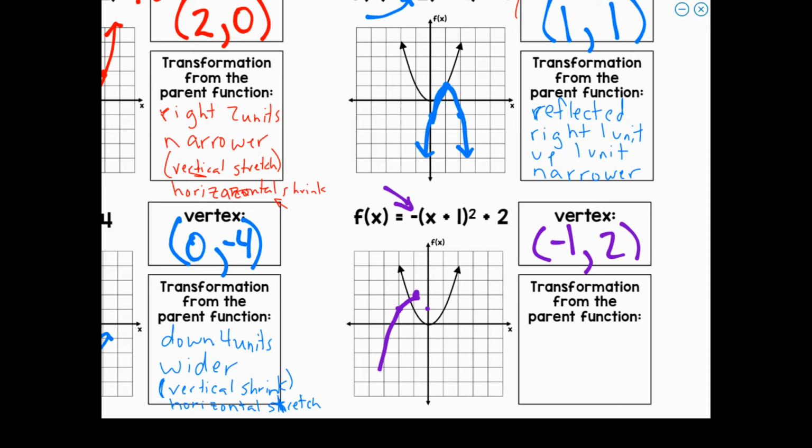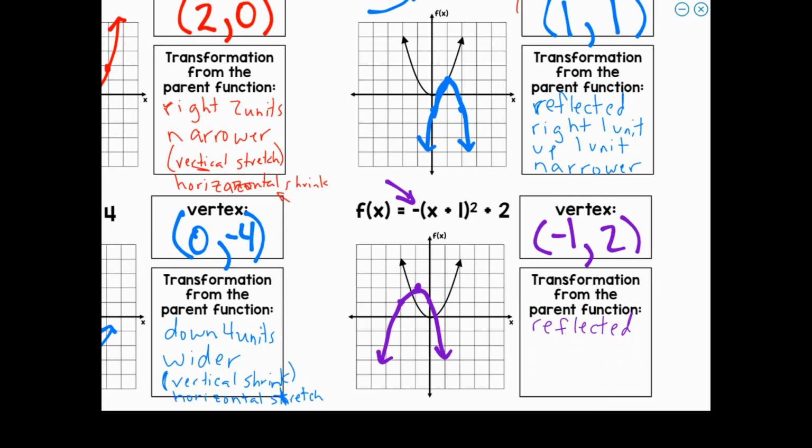So that means it flips upside down, but it's a -1, so it doesn't change whether it gets wider or skinnier. So it reflected. And then what? It went left 1 unit and up 2 units.